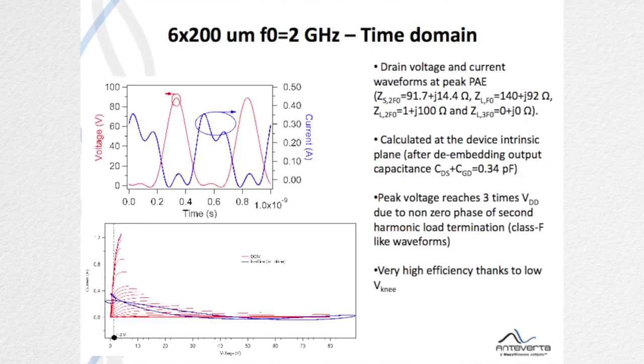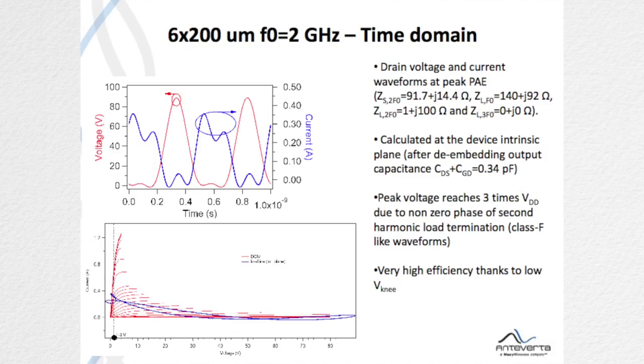It's interesting at this point, for this optimum, to start looking at what's happening at the device intrinsic plane. Here you see the voltage and current waveforms that are de-embedded to the device intrinsic plane by de-embedding the output capacitance of the transistor. And over here you see the load line. The first thing you see is that the peak voltage is about 3 times higher than VDD.